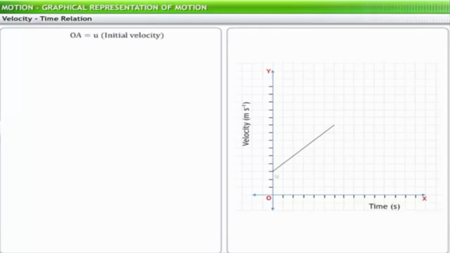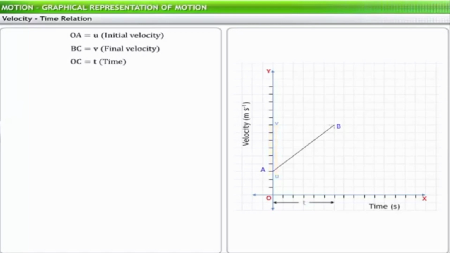In the graph, u is the initial velocity of the object represented by the point A. V is the final velocity represented by the point B. T is the time in which velocity changes from u to v.